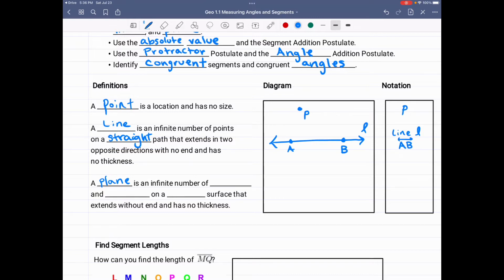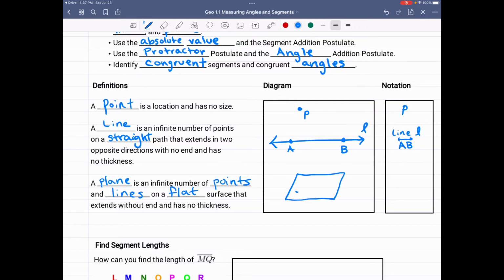A plane is an infinite number of points and lines on a flat surface that extends without end and has no thickness. So we'll draw a plane, and it is full of infinite number of points.